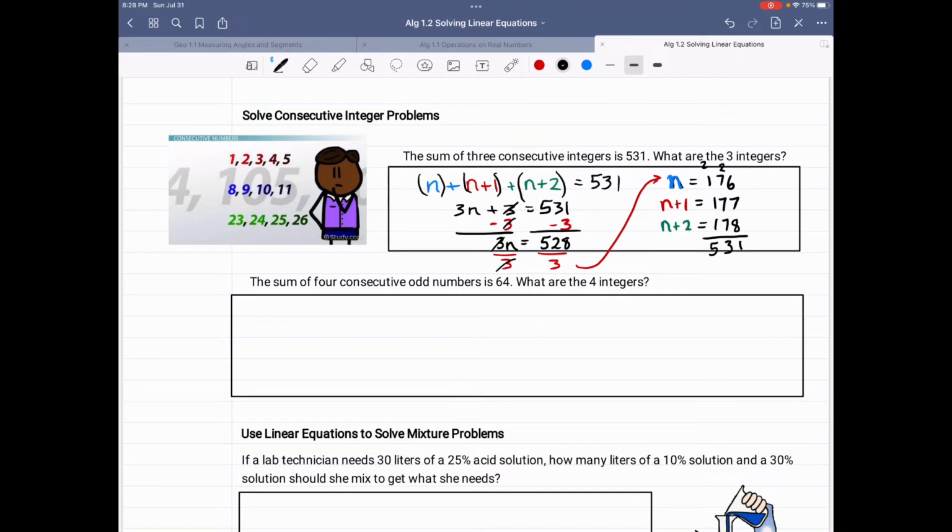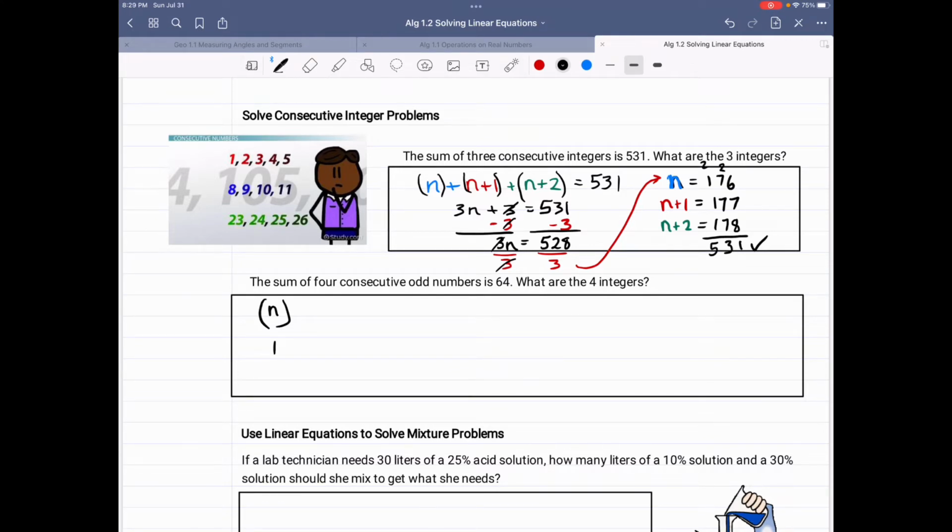The sum of four consecutive odd numbers is 64. What are the four integers? So that means we're going to follow the same thing that we had before, but just a little bit different. We have the first number n. Let's say n is 1.